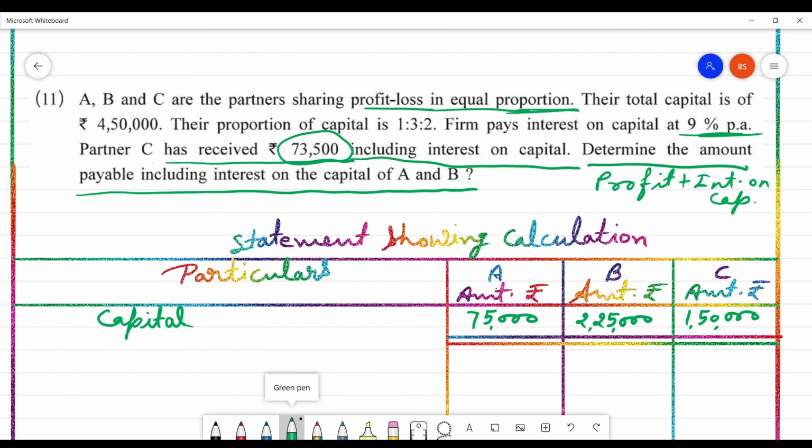So first of all, we will find out interest on capital of each partner.